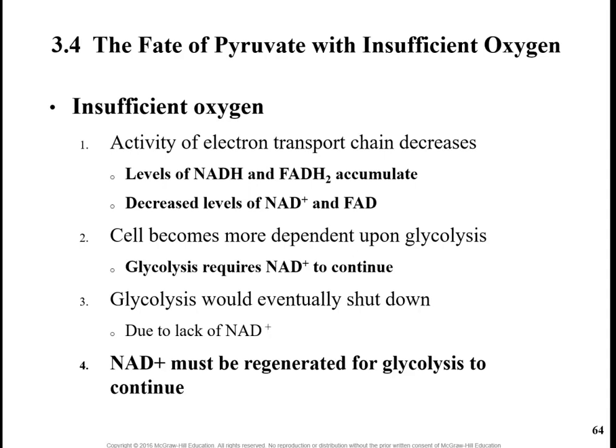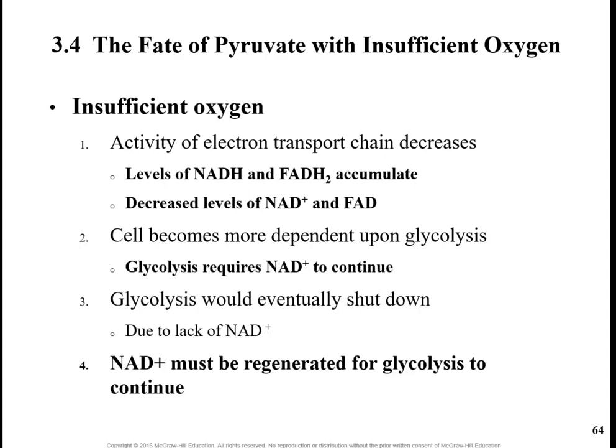Okay, we mentioned before the fate of pyruvate when there's insufficient oxygen, but we'll just recap here. So in an environment of insufficient oxygen, the activity of the electron transport chain decreases, right? So levels of NADH and FADH2 will accumulate, and there will be decreased levels of NAD and FAD, the oxidized versions.